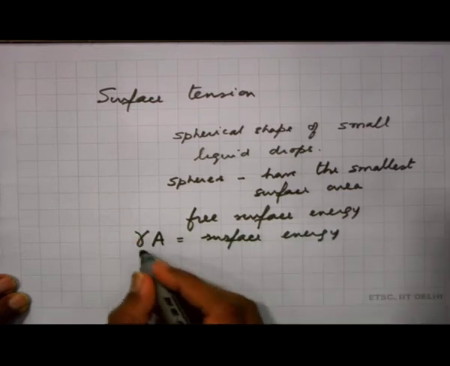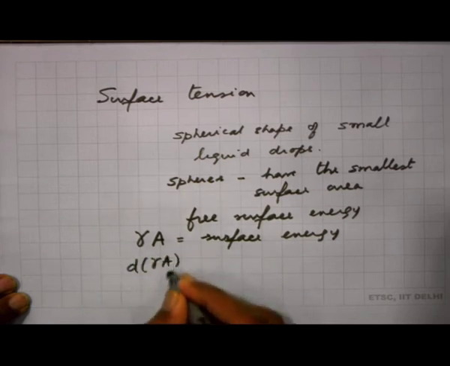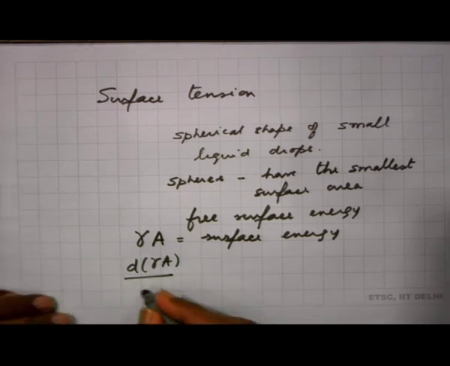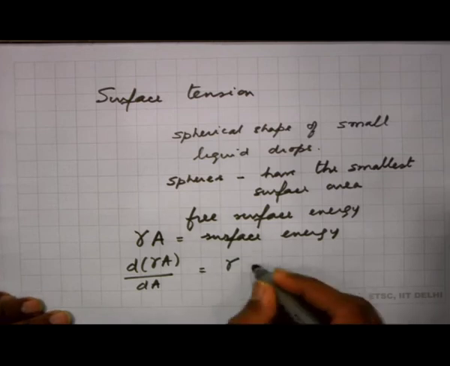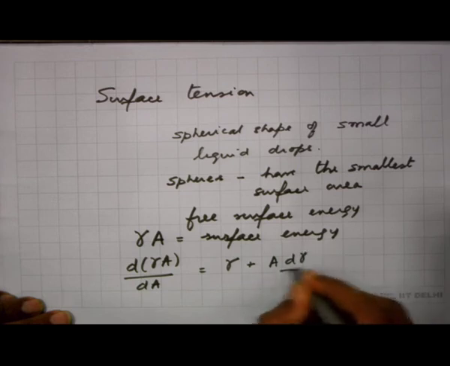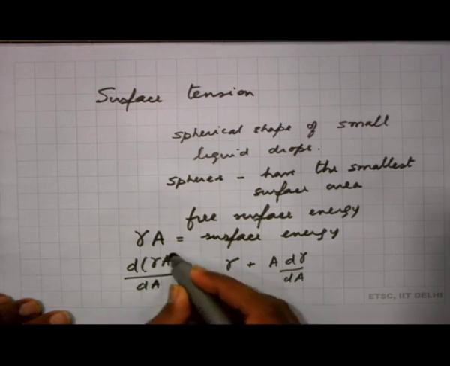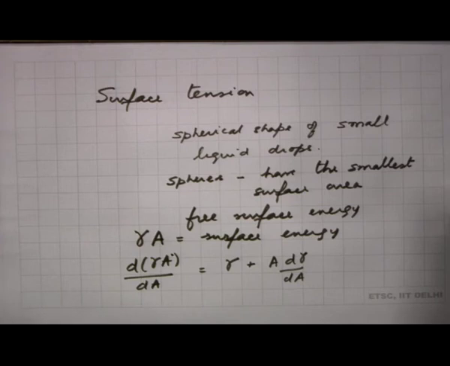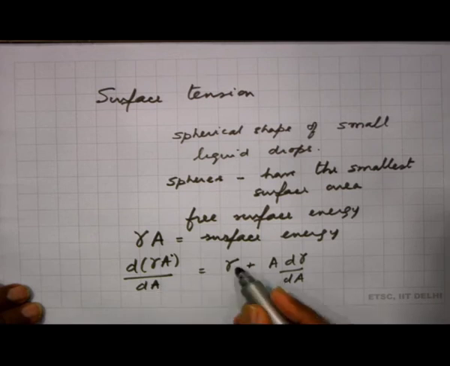Right? Now, the rate of change in the surface energy for a change in area is given by this. Just by applying the simple product rule, I have differentiated. So, this is the surface energy, and how does the surface energy change when I change the area of the liquid by dA? That has two terms.